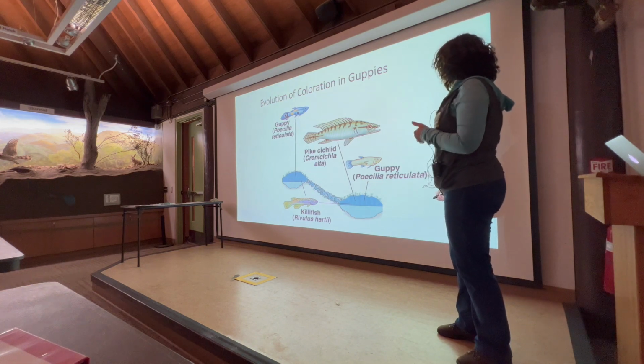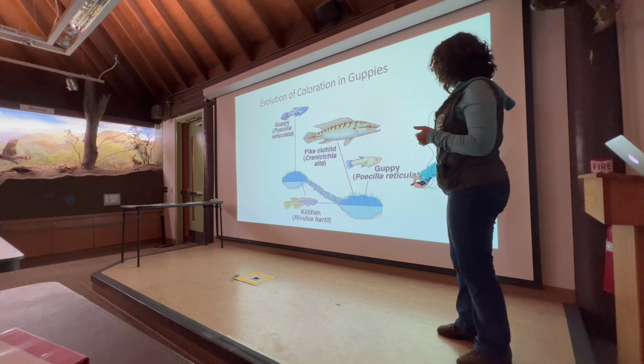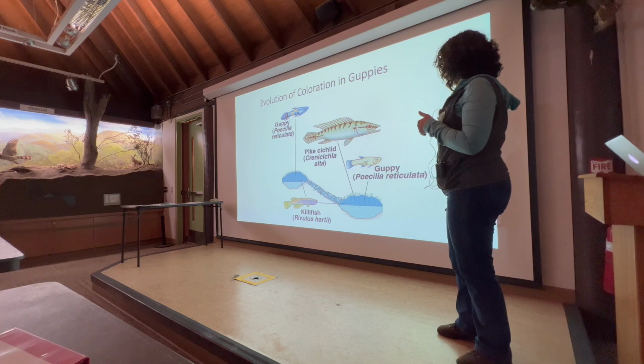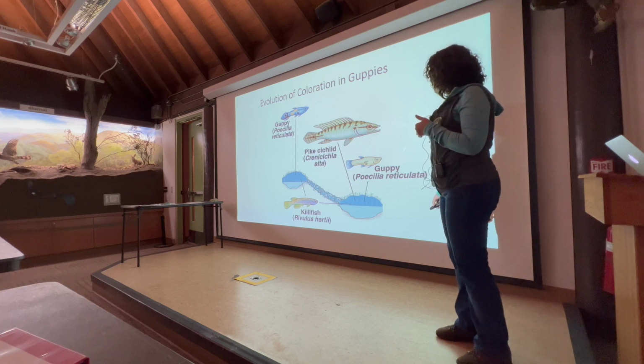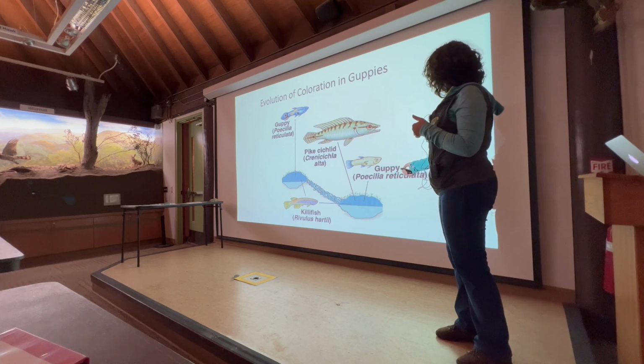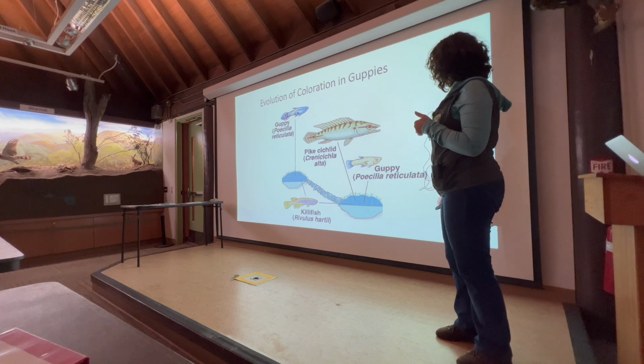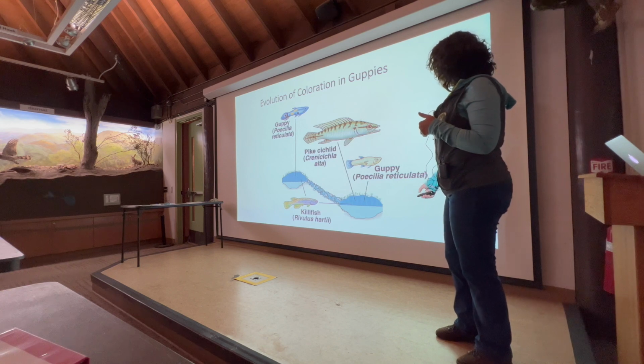So in this case, a series of little pools, like little ponds connected by streams, some of the pools have big predators in them, and some have small predators in them, like this one.